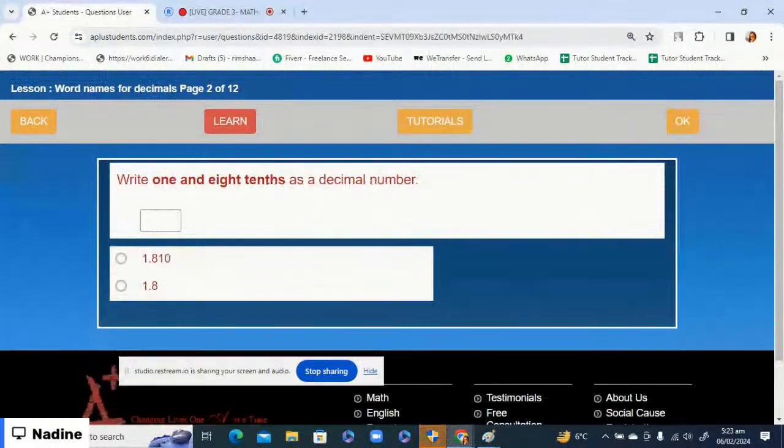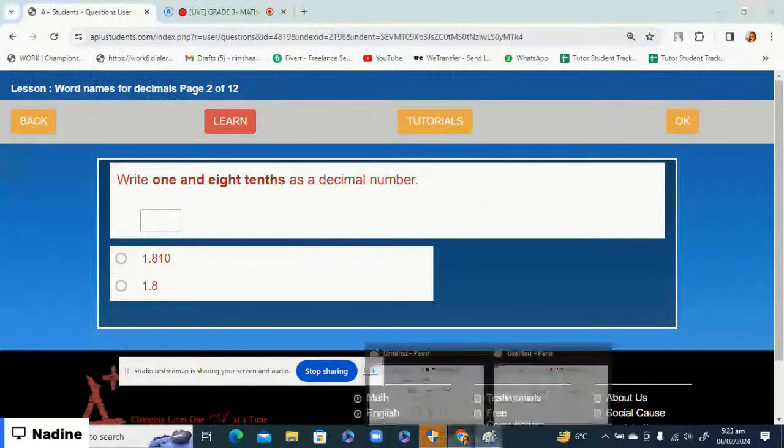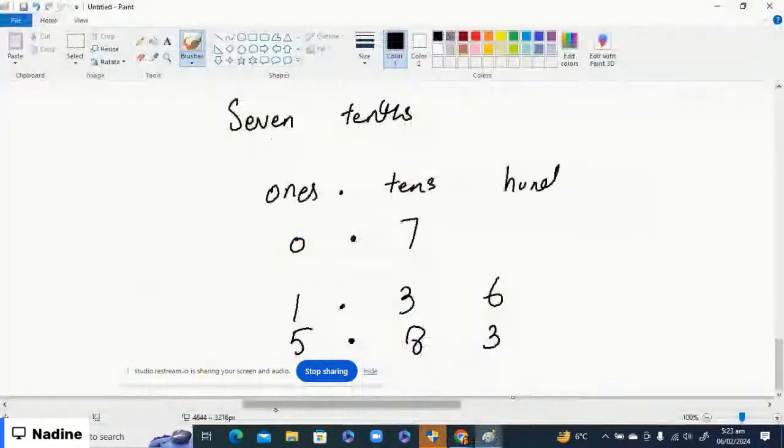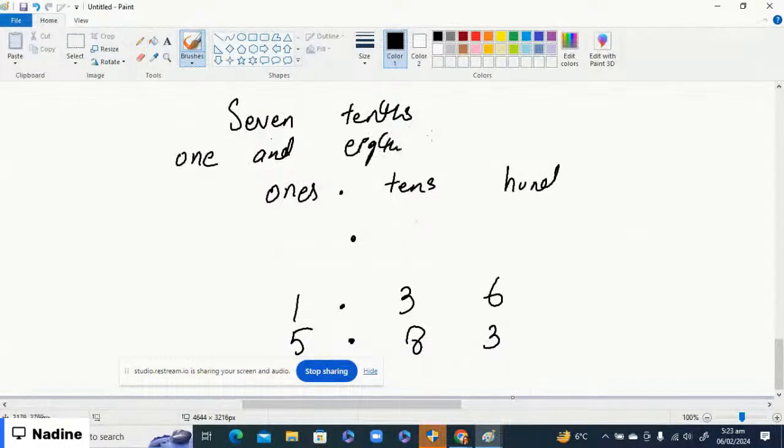Okay, 1 and 8 tenths. Look here, now these two. They are saying 1 and 8 tenths.